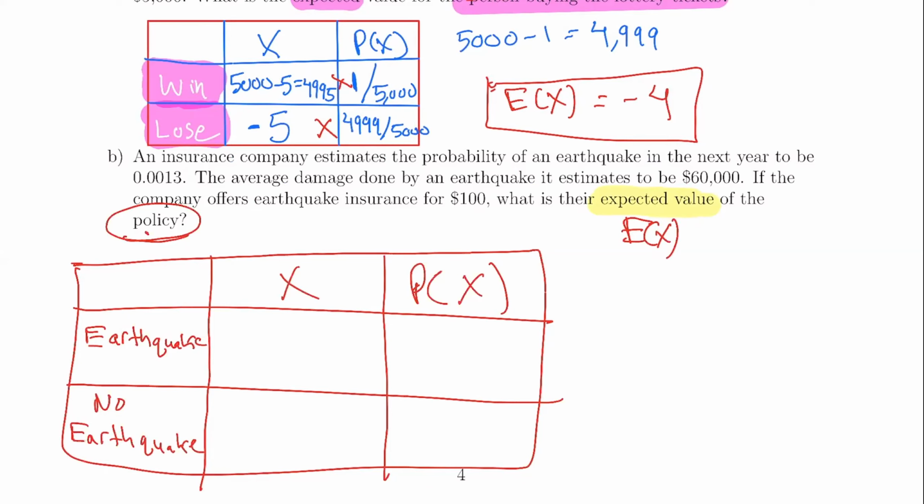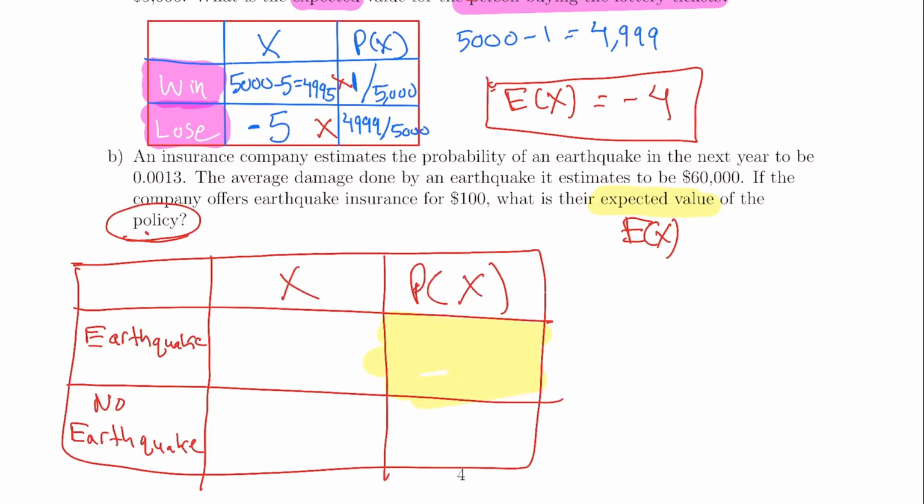All right, so let's go over and do the probability. The probability should be probably the simplest one to do. So let's first do this probability over here. What is the probability that an earthquake would hit? What do they tell us the probability is?